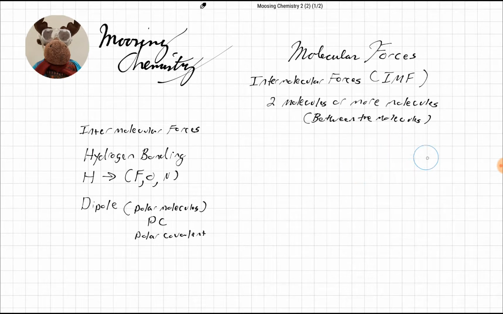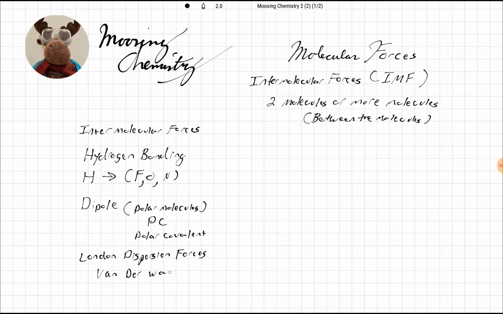All right. So last but not least, we're going to look at the final bond, which is called London Dispersion Forces. Sometimes we call these things van der Waals forces.